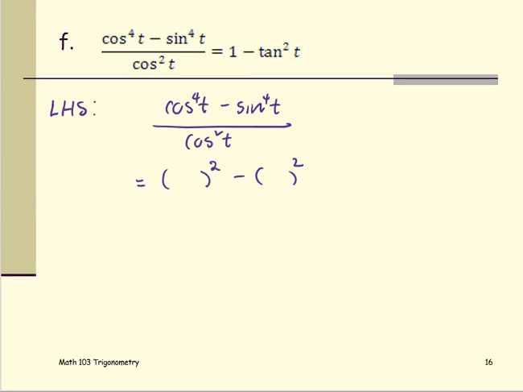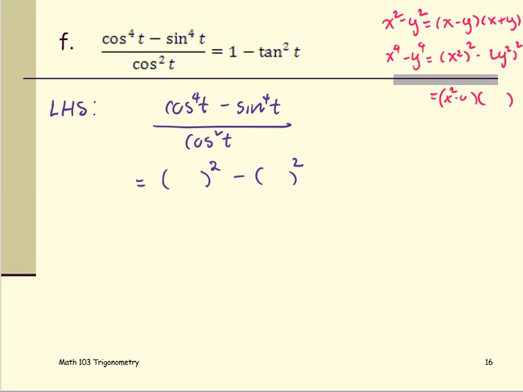We can use the property that x squared minus y squared factors as x minus y times x plus y. In this case, x to the power 4 minus y to the power 4, you can write as x squared squared minus y squared squared, and then factor as x squared minus y squared times x squared plus y squared.